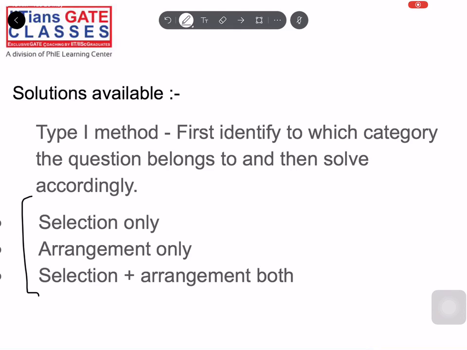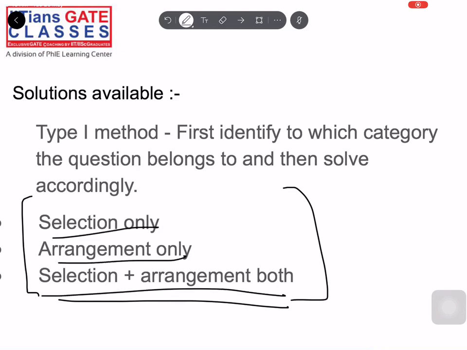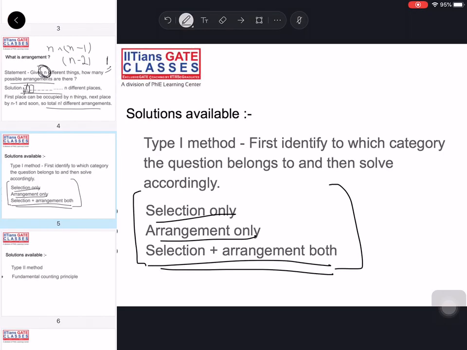That means the question has a selection only criterion, or it requires arrangement only, or it requires selection and arrangement both. Later in the video, I'll discuss an example, and using that example, I'll tell you how we identify whether it's selection only, arrangement only, or selection plus arrangement. So this is the type 1 method that we have.